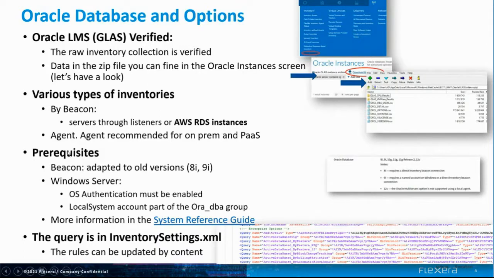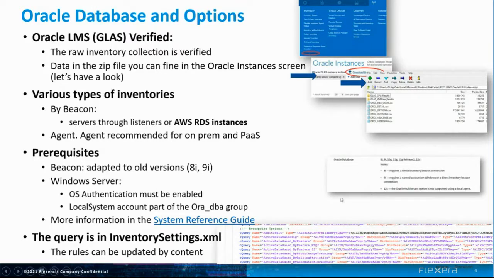On the prerequisite side, first, old versions, 8i, 9i, require, so actually it's slightly different. 8i requires beacon inventory, but this is not a supported version. 9i requires actually a named account on Windows, so impersonation would not work because there is no authorized OS authentication option in 9i.